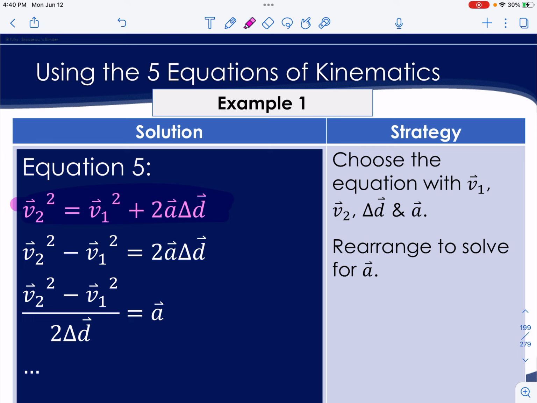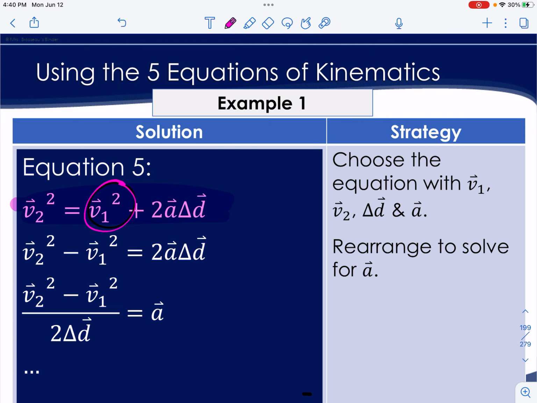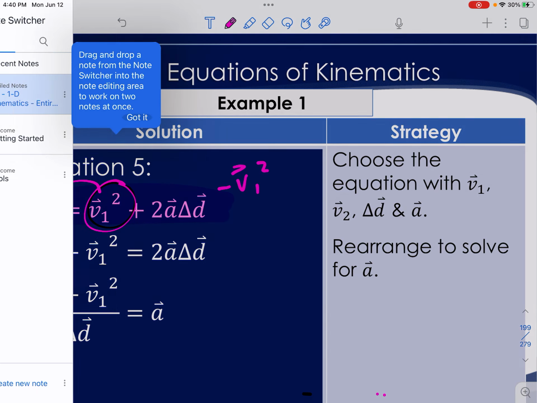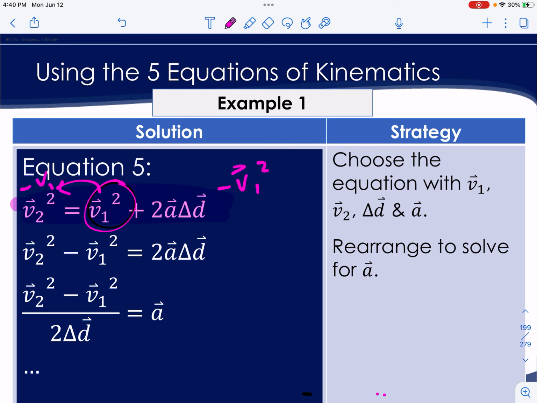So to get A by itself, we need to subtract V1 squared and move this over to the other side. So by subtracting V1 squared from both sides, we get this equation right here.